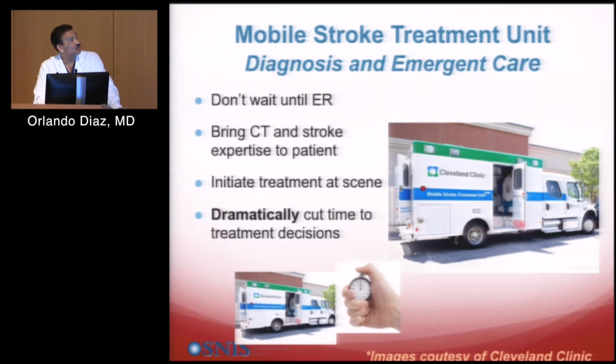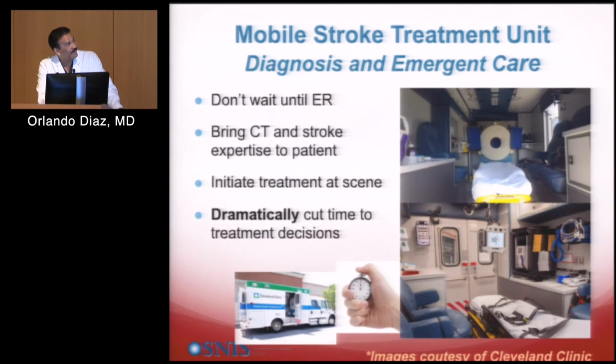It's a mobile stroke treatment. And it dramatically cuts time, because just coming to the hospital in 30 minutes, the patient has lost 10% more brain. And this is what they have. They have a CT scan, it's protected from radiation, so they know. It's unbelievable.